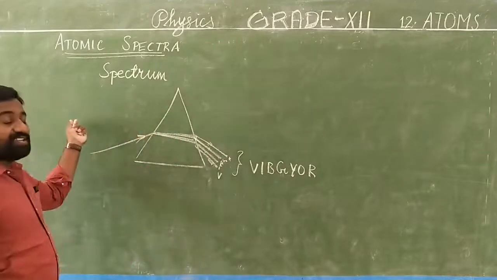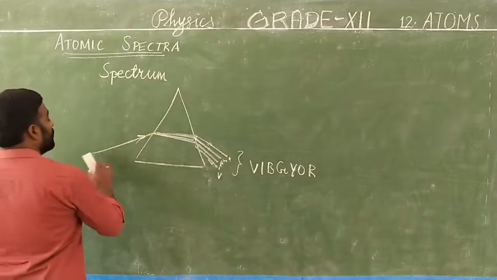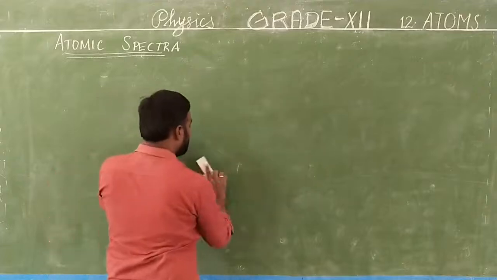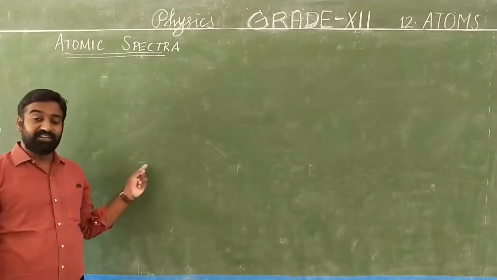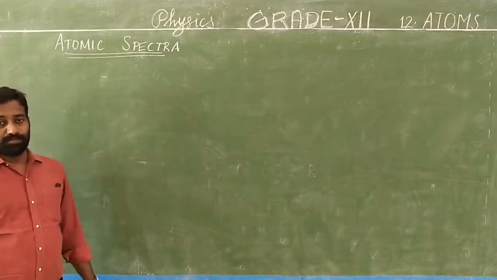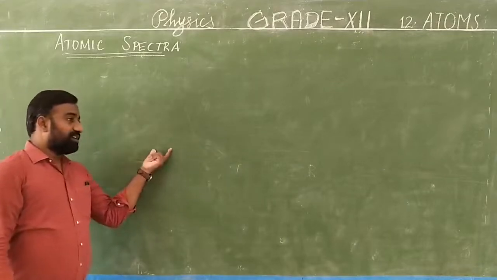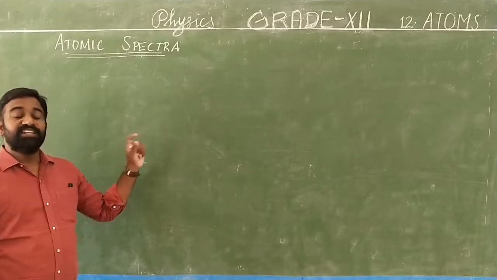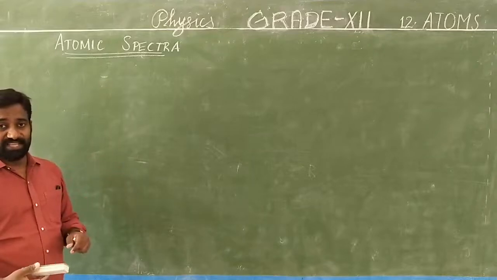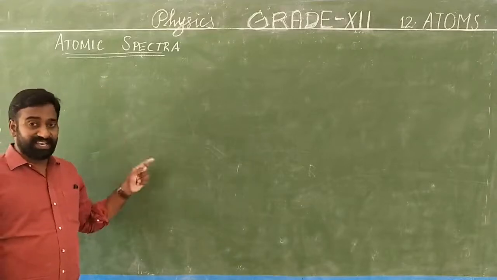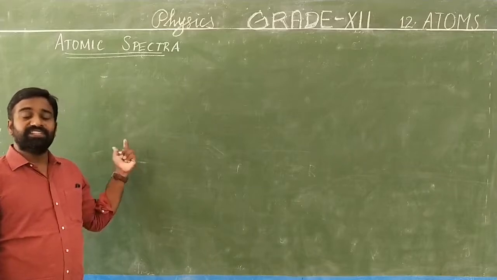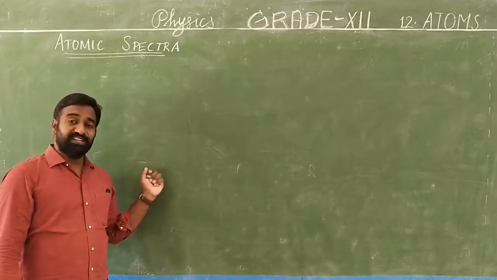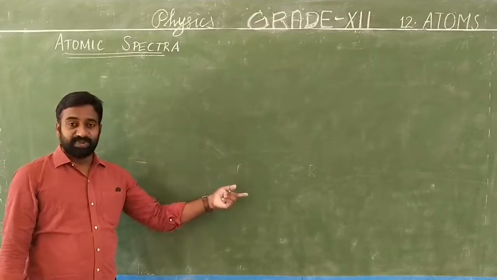But atomic spectra is totally different from ordinary spectra. Actually, in the prism case, if you use some other transparent material, then we'll have some other spectrum. Suppose imagine a hollow prism. Inside the hollow prism, some gas is taken, and through the gas you are not passing white light; instead, you are creating some potential difference. That is, you are passing electricity. So when you pass electricity through a gas, it emits a spectrum.